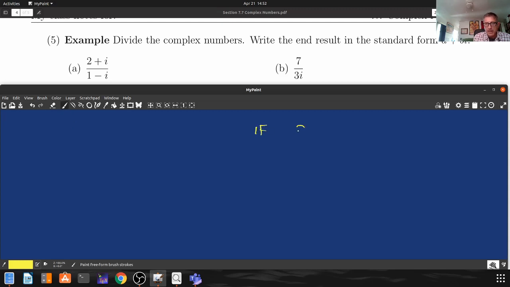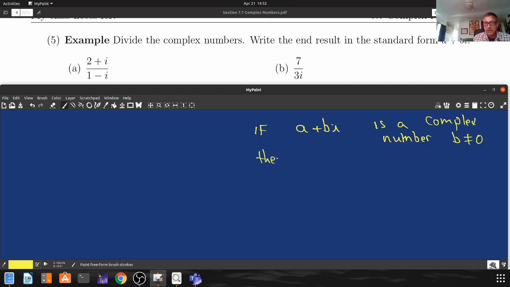If a plus bi is a complex number, b not equal to 0, means it's a true complex number. It's not a real number with 0 imaginary part.